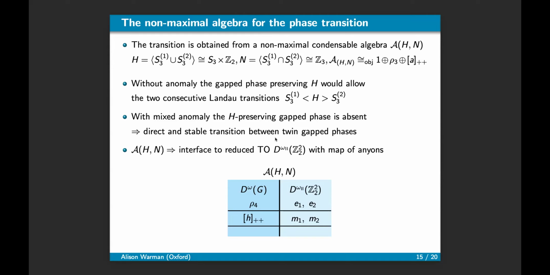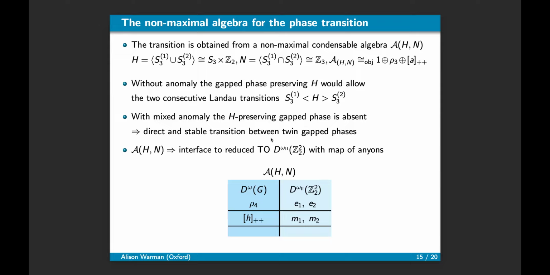If we introduce a mixed anomaly between the two subgroups, physically this means that the order parameters carry charge under the other symmetry. This mixed anomaly implies that the subgroups individually are still non-anomalous and will still give rise to gapped phases. But the subgroup that contains both of them is now anomalous and does not give rise to a gapped phase.